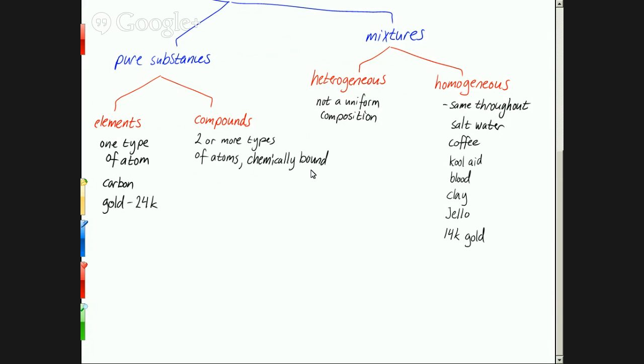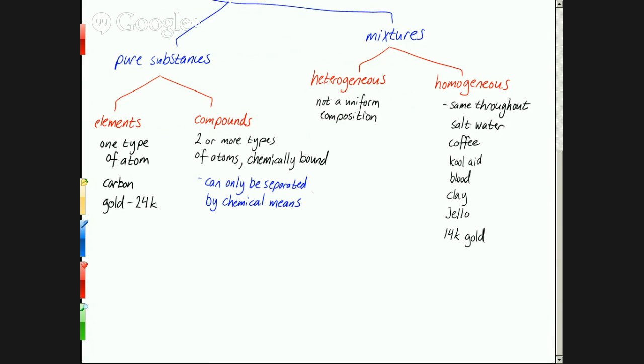Now we'll talk about what that means later, but for now, the way that you determine that is that compounds can only be separated by chemical means.